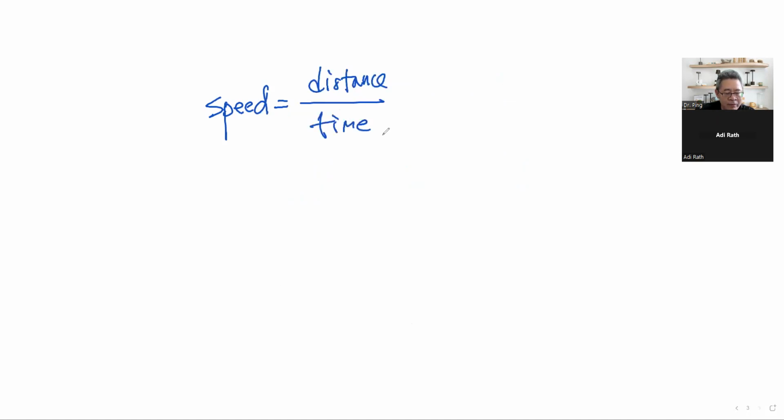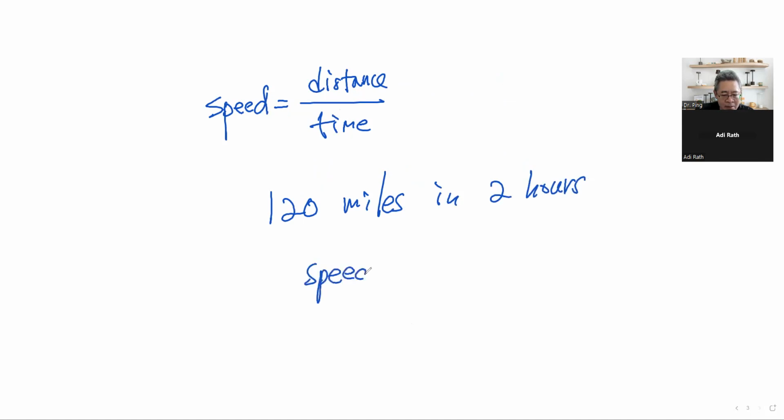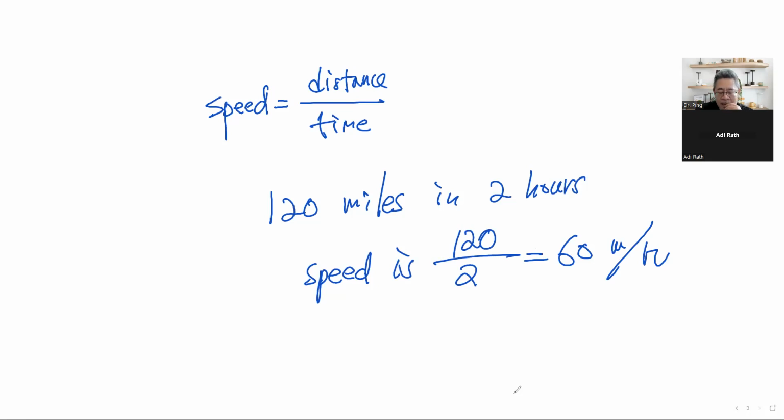So if we travel a distance of 120 miles in 2 hours, then our speed is 120, the distance, divided by the time it takes to go over that distance. So we got 60 miles per hour. Good? Okay, that's pretty straightforward.